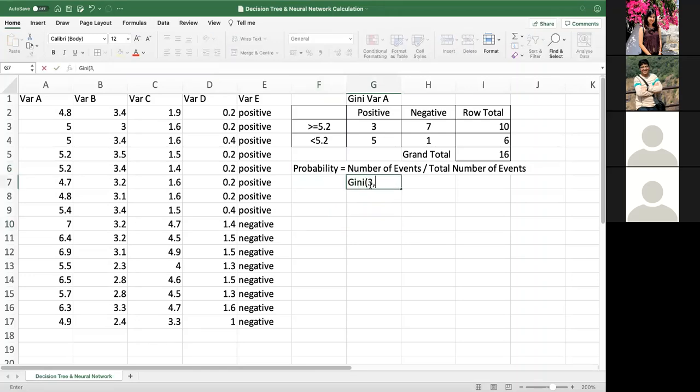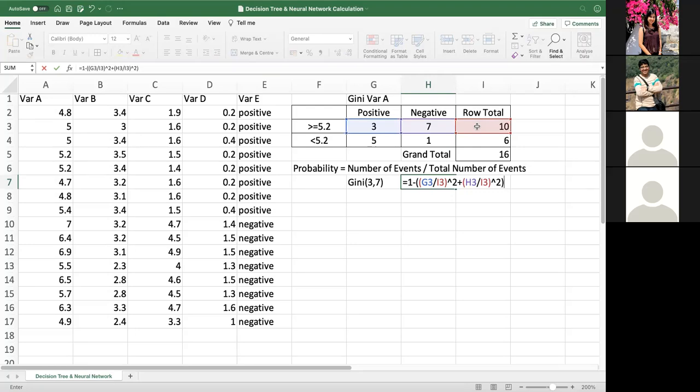What is the Gini of 3, 7? The formula is 1 minus open bracket 3 divided by 10 whole square plus 7 divided by 10 whole square close bracket. So 1 minus sigma probability square. We are dividing 3 events by 10 events.